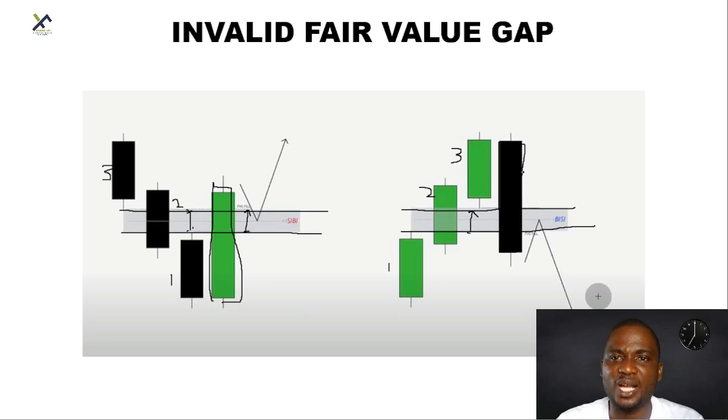Once the fair value gap is not filled by the fourth candle, that fair value gap is valid. So these are the two patterns of fair value gap and how to know the one that is valid and the one that is not valid. Always remember that the market trend will respect a valid fair value gap.